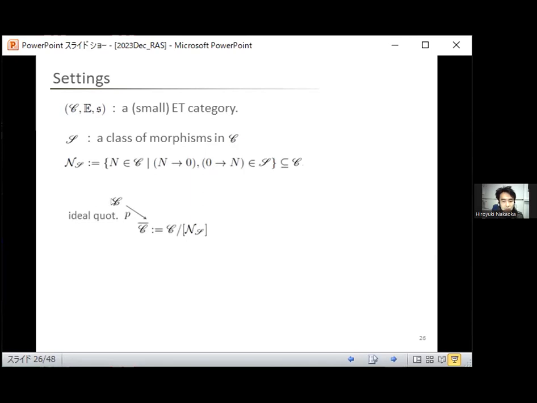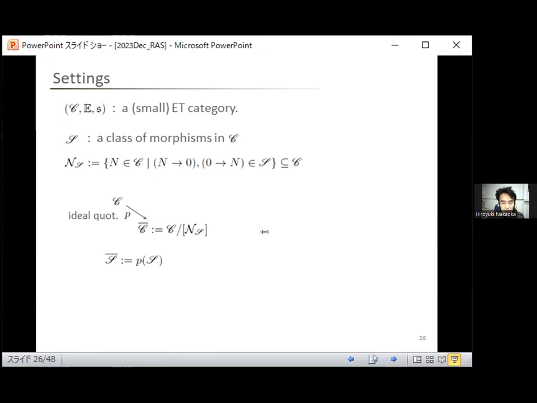Now starting from C, we take the ideal quotient by this N_S. So we are killing the ideal consisting of morphisms which factor through some object in N. And then send the class S by this functor P to obtain S bar in C bar.